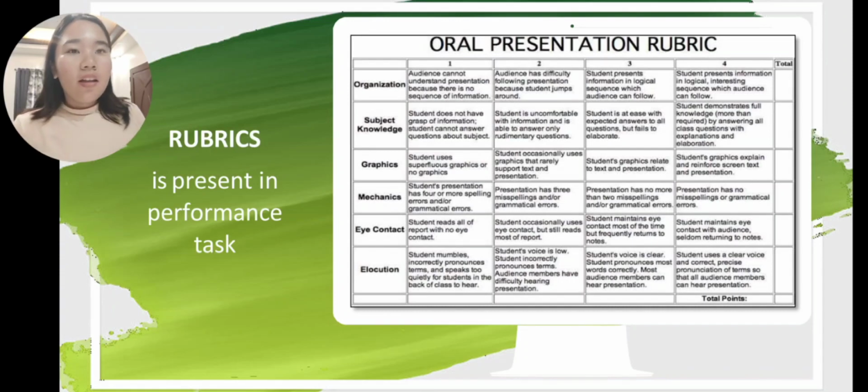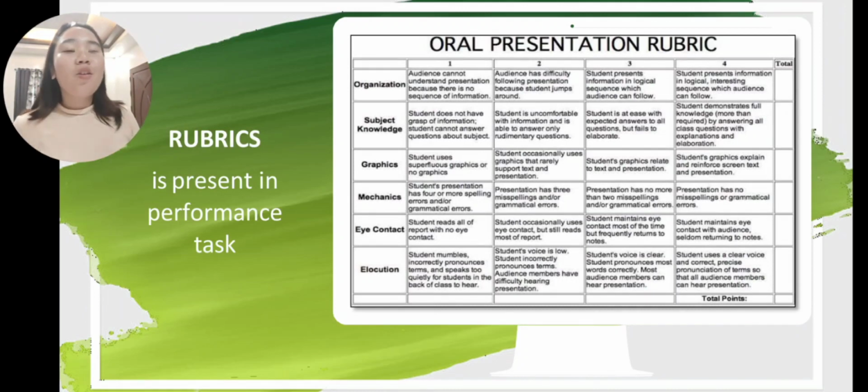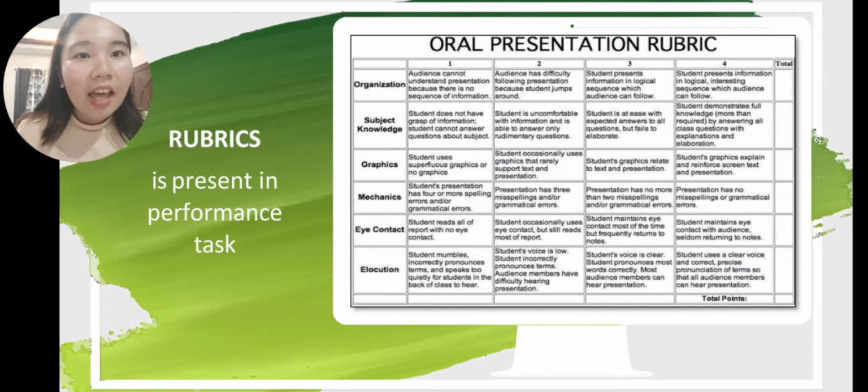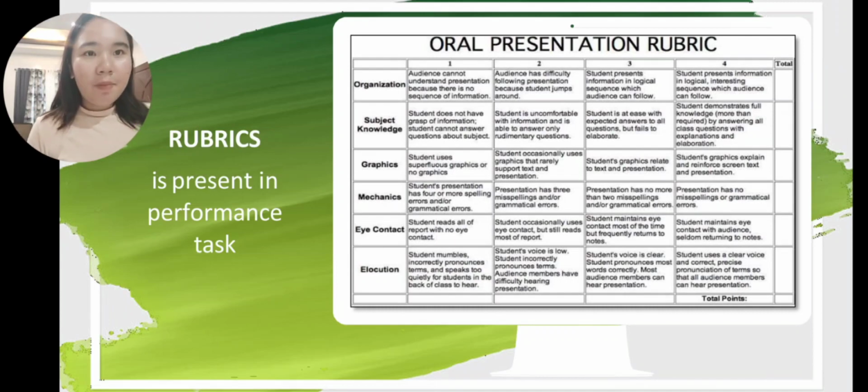So it is divided into seven criteria: the organization, the subject knowledge, the graphics, mechanics, eye contact, and elocution. Number one, the organization. Audience cannot understand presentation because there is no sequence of information.